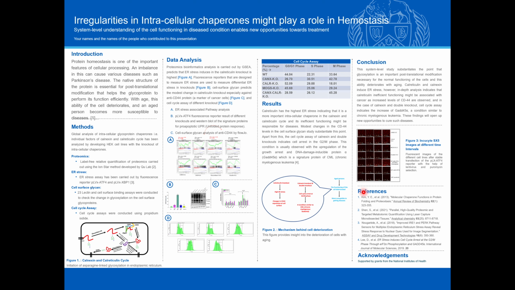Because of this, it is essential to understand the basic functioning, or system level study, of this glycosylation, and how individual factors or components within this glycosylation process play a role in maintaining the overall functioning of the cells, so that this information might help to cure the persons who are infected with such diseases.